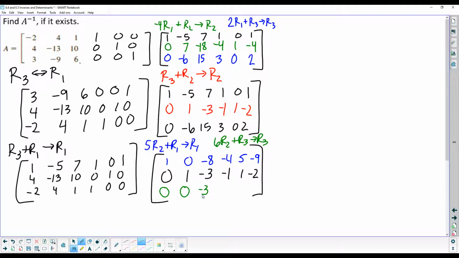We're timesing 6 by the second row and adding it to the third row. So 6 times this, 6 times negative 6 plus 3 is negative 3 again. 6 times negative 3 is negative 18 plus 15.